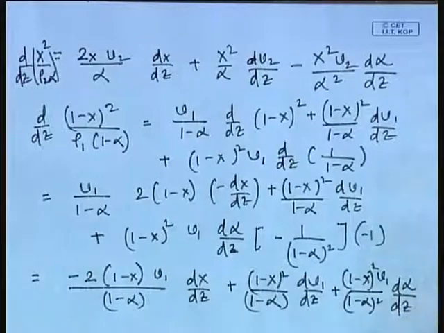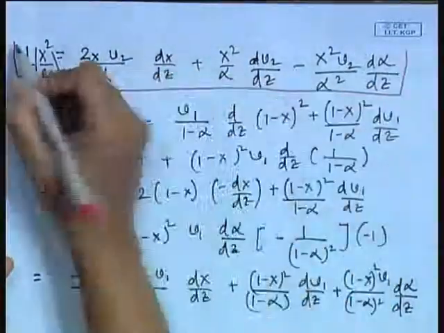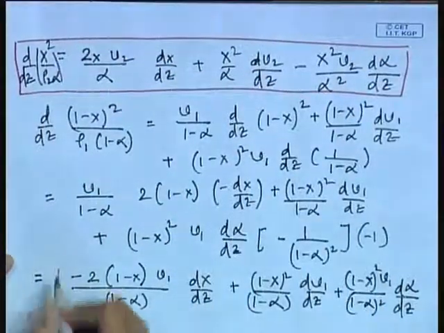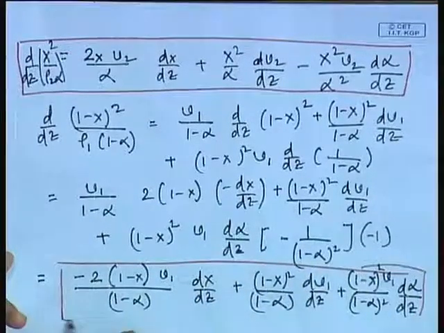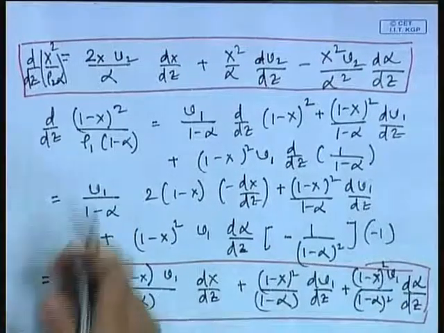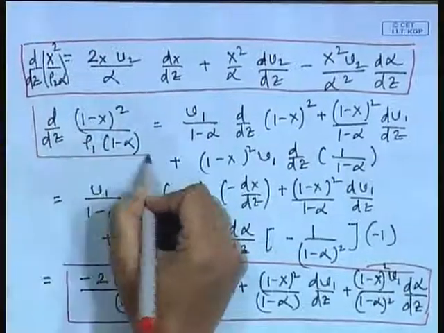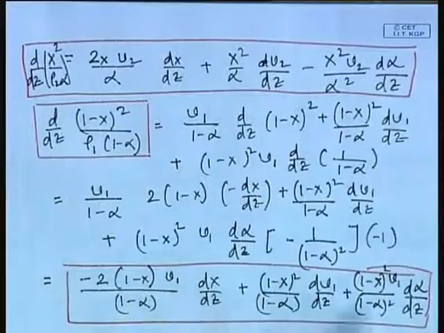So, therefore, one particular equation for x square by rho 2 alpha d dz of this I have found out. The second expression is for this part, d dz of 1 minus x square rho 1 by 1 minus alpha. So, this is one particular expression, this is the other.